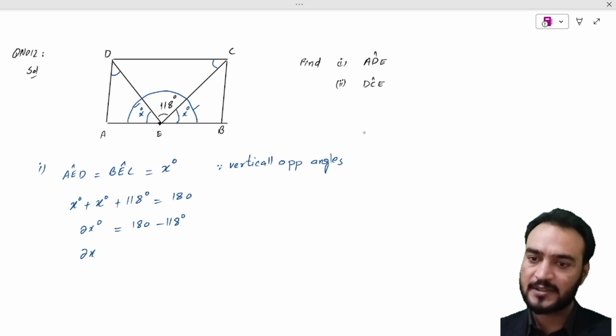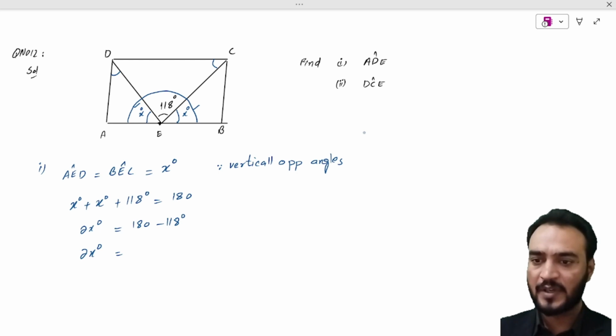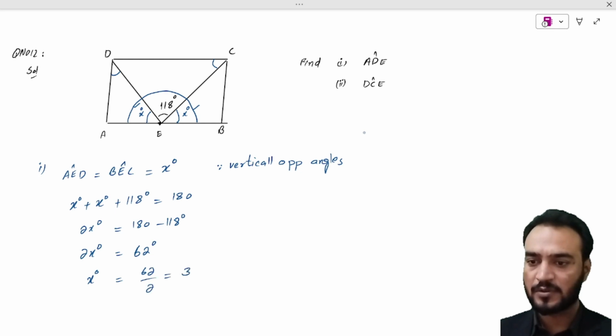Subtracting 118 from 180, we get 62 degrees. Dividing the right side by 2, we get x equals 62 over 2, which is 31 degrees. So the value of x is 31 degrees.